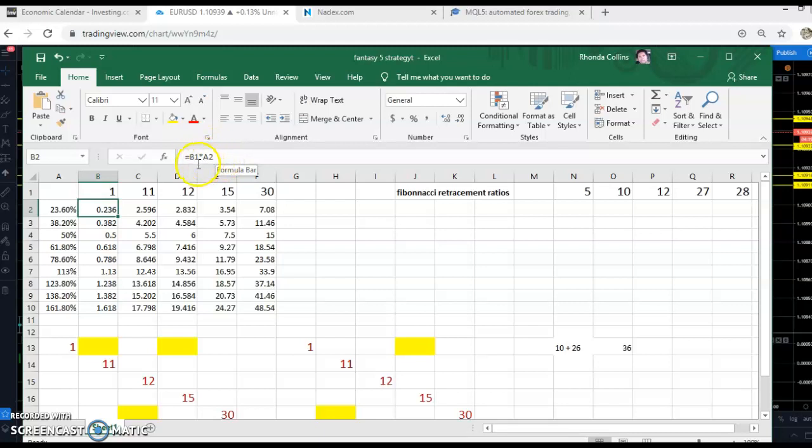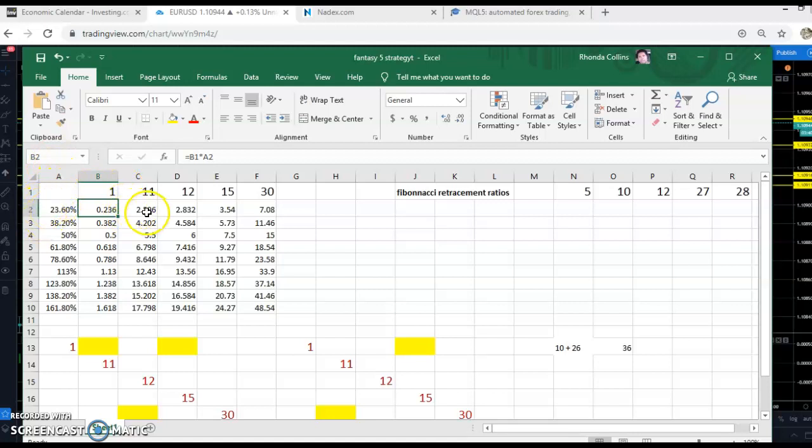It's the equal sign, and then the column, which is column B. This is in row 1, so B1 times column A, and then 2, and then C1 times A2.